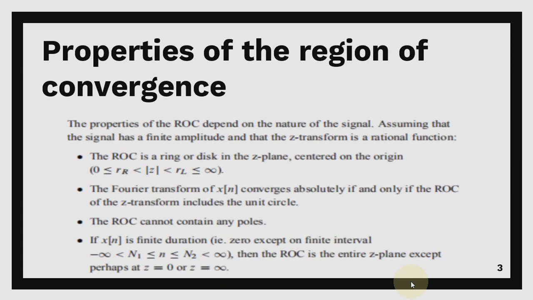Properties of the region of convergence. The properties of the ROC depend upon the nature of the signal, assuming that the signal has finite amplitude and that the Z transform is a rational function.